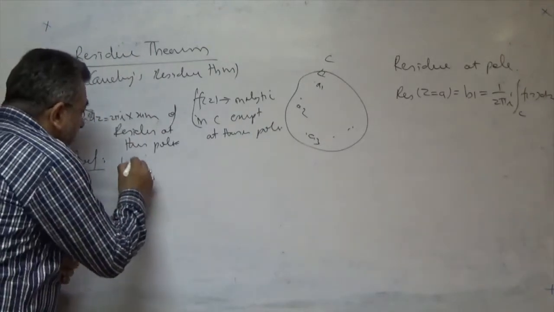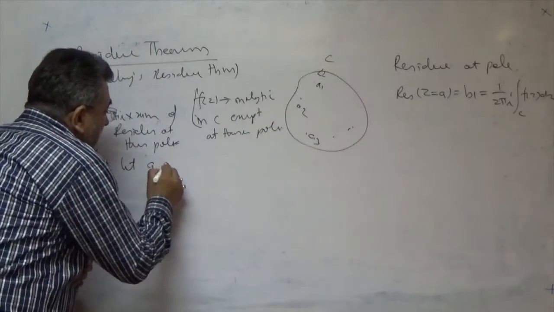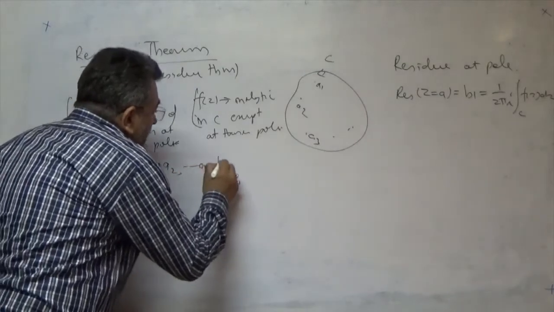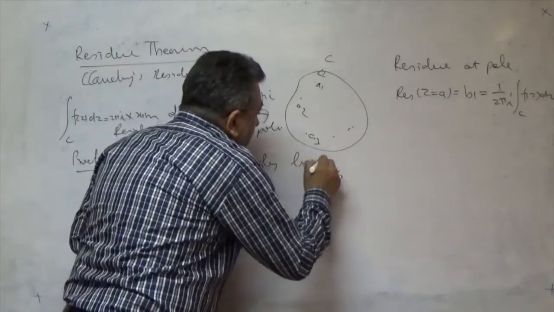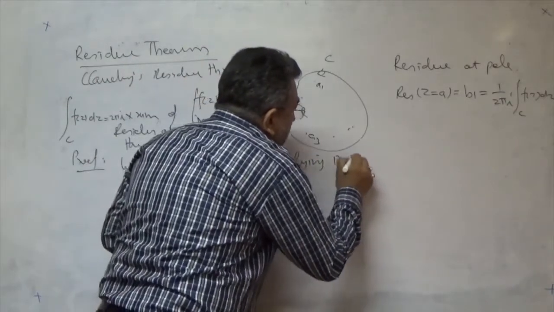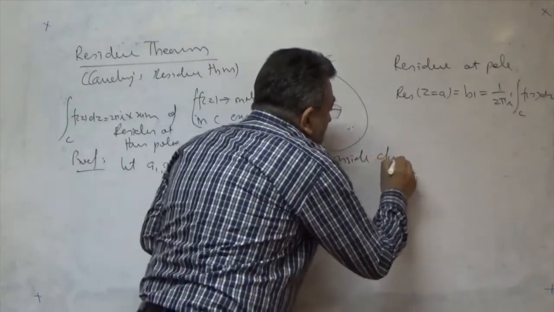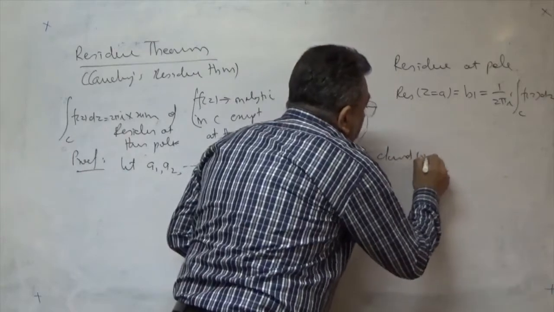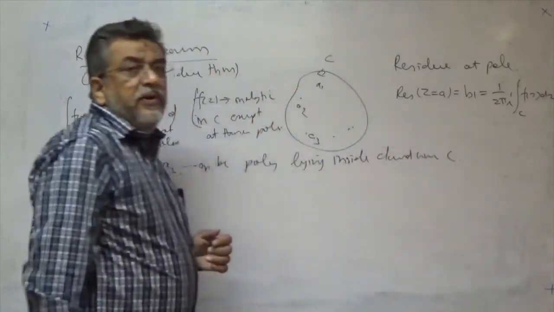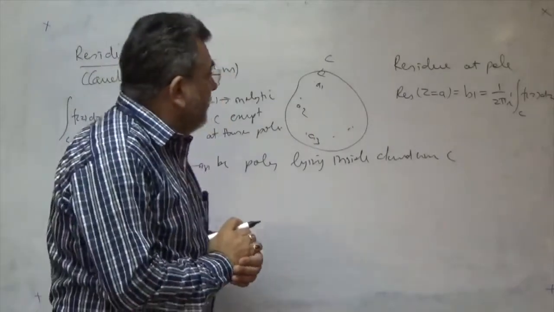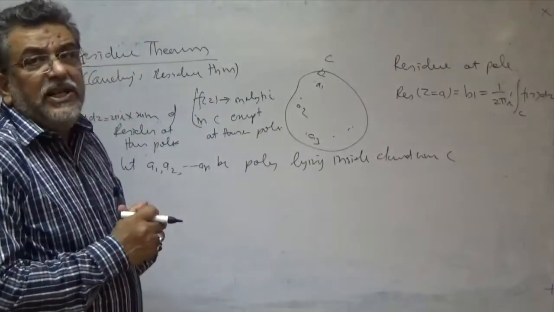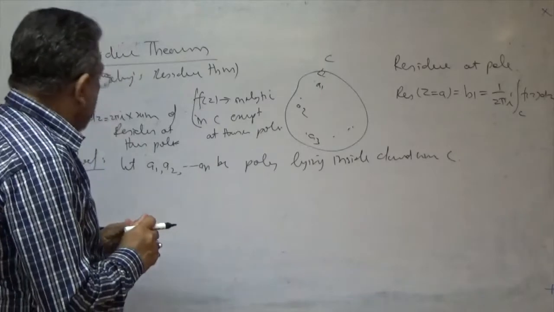For the proof, let A1, A2, ..., An be poles lying inside the given closed curve C. Naturally, the poles are the finite points lying inside C at which f(z) is not analytic.